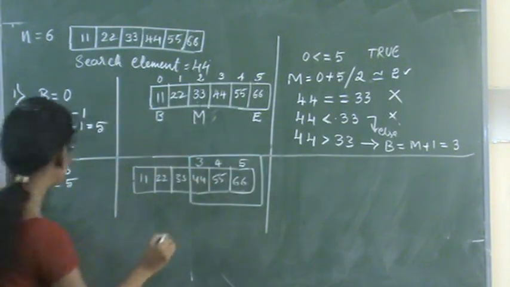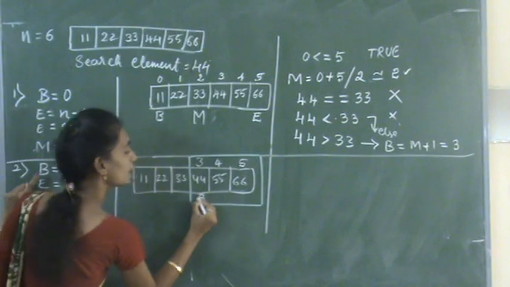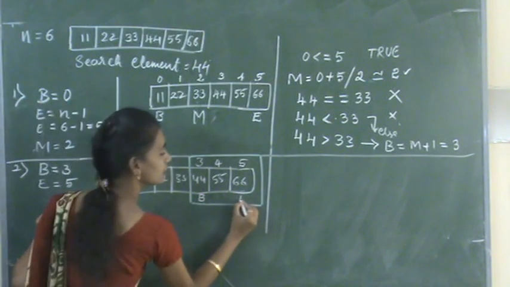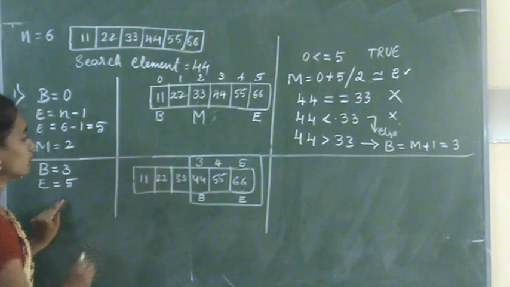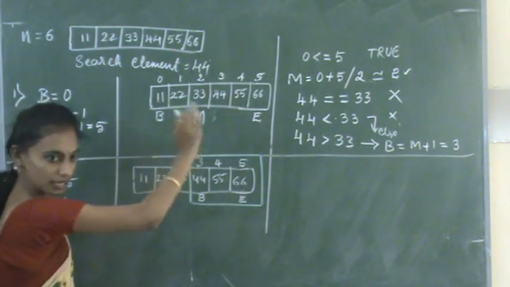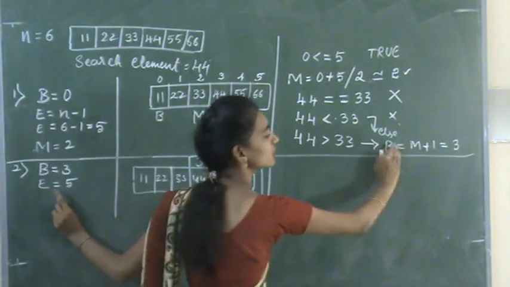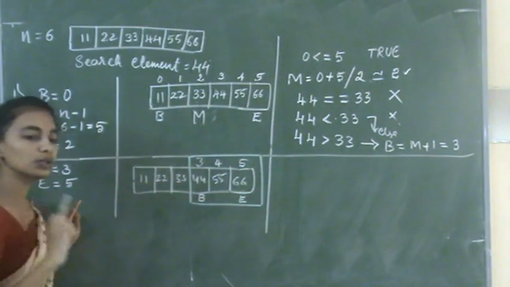What is the beginning? 3. This is the beginning. What is the end? That is 5. After completing the first step, we are changing the beginning value to compare, right?